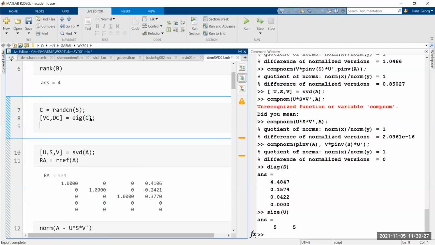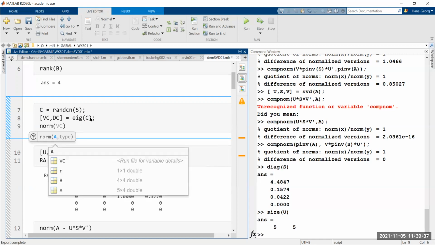And then, of course, I want to verify that this is really a collection of eigenvectors. What does it mean to have eigenvectors?